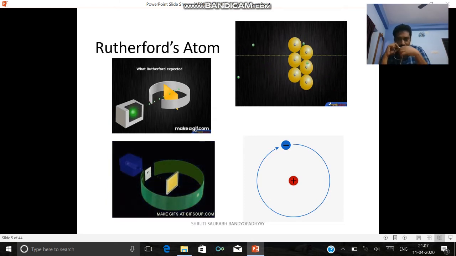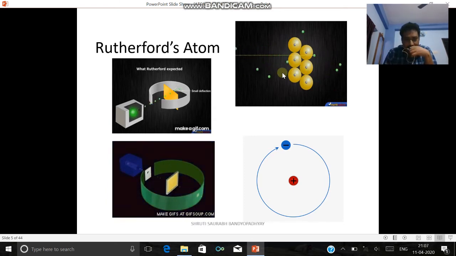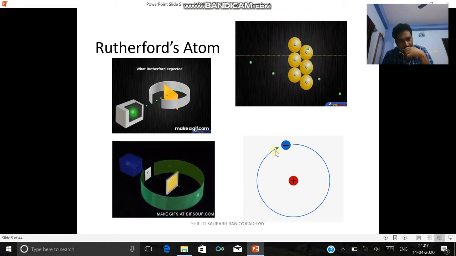Rutherford's model was thus a negative electron circulating about a positively charged nucleus, and the orbit is circular. Rutherford termed this circular pathway as orbit, like the solar orbit, like the planetary orbit, etc.